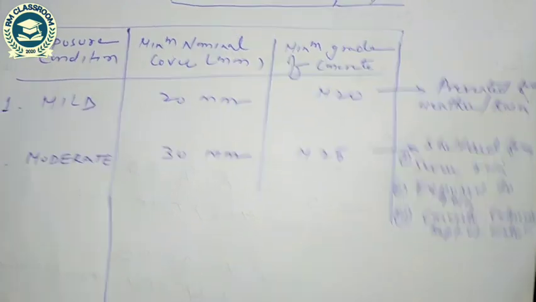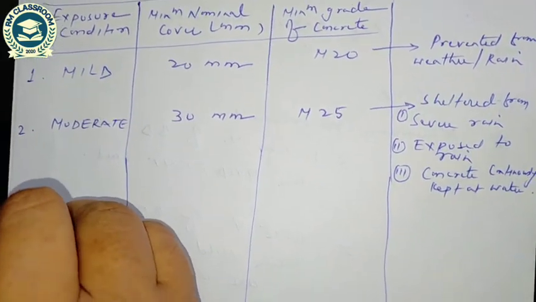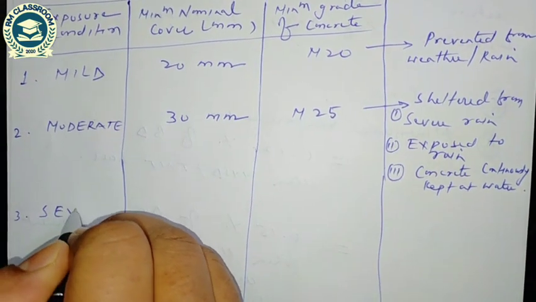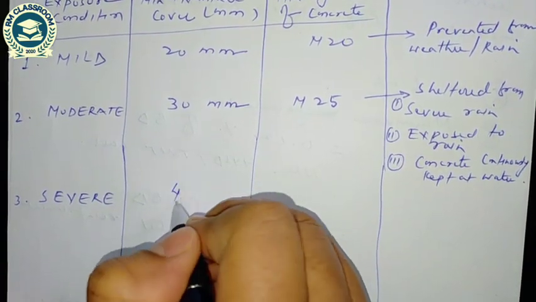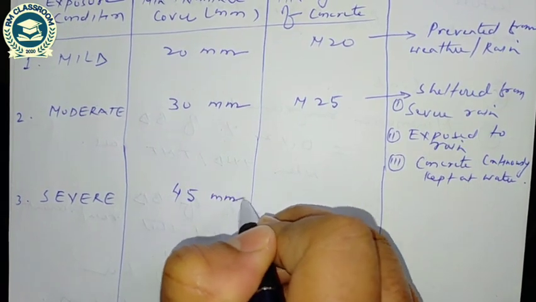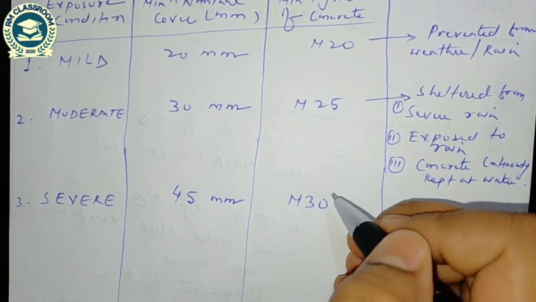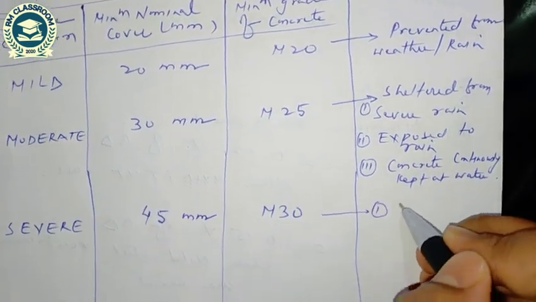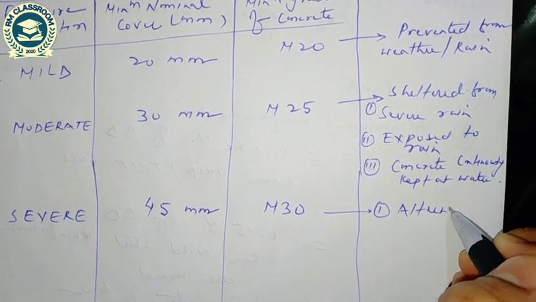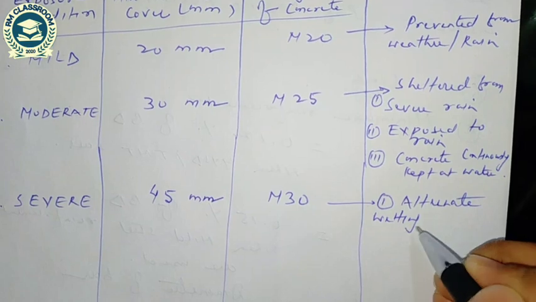The third exposure condition is severe. In severe condition, the nominal cover provided is 45 mm and the minimum grade of concrete is M30.